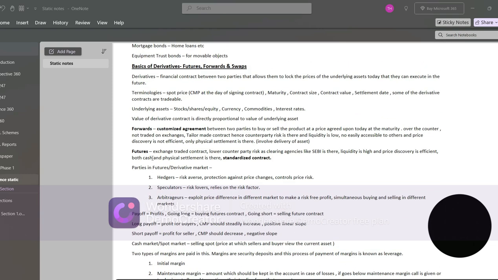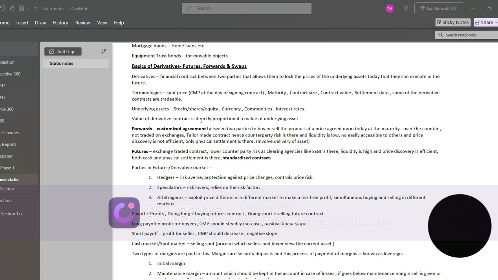Okay, so let's learn about forwards now, the first kind of derivative contract. These are customized agreements between the buyer and the seller. They customize the price at which they want to buy or sell a product, and it is totally a customized contract.